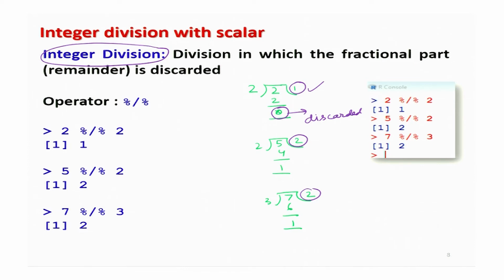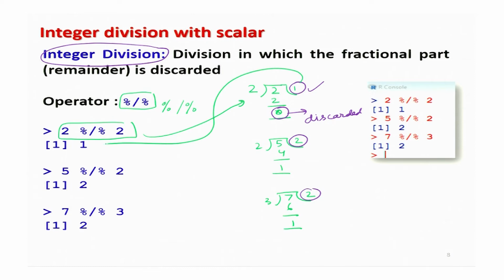These are very common operations in mathematics. So in order to do the integer division, the command is percentage sign on your keyboard, then backslash and then percentage sign. So if you try to operate 2 integer division 2, that is 2 percentage backslash percentage 2, then it is giving you the same value, and this value 1 is given here.